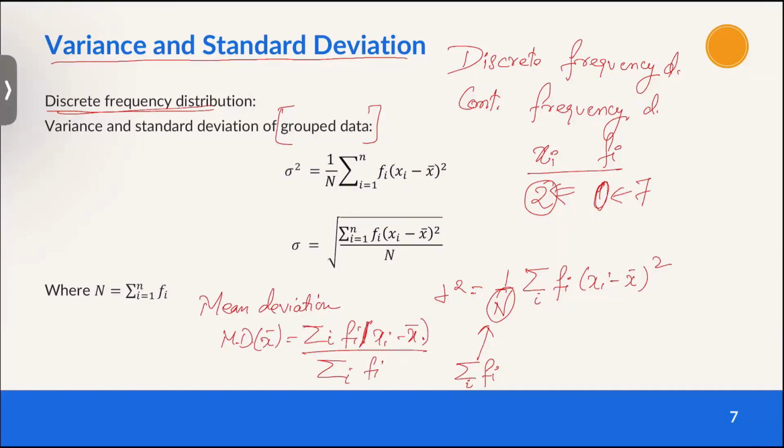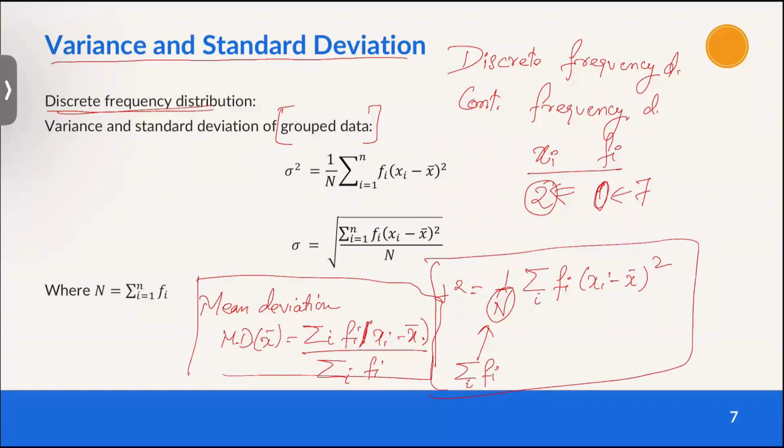So you see it is very similar. This formula and this formula are very similar, right? And standard deviation is just the square root of this value. So we will just put a square root over the variance.